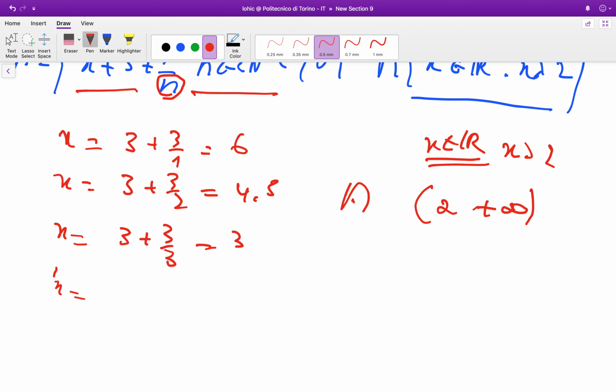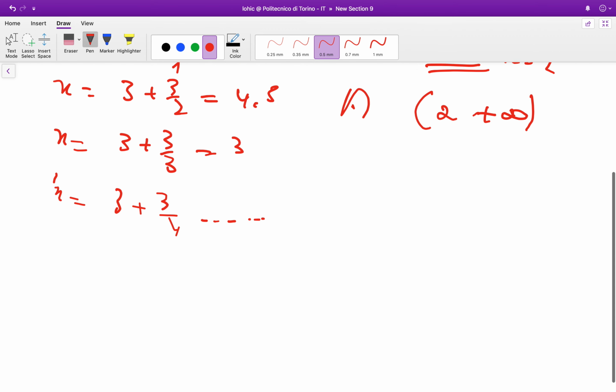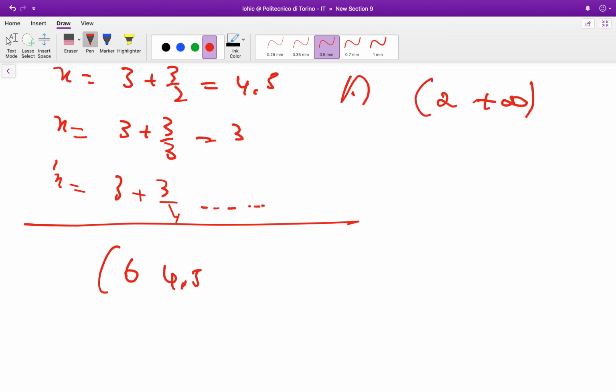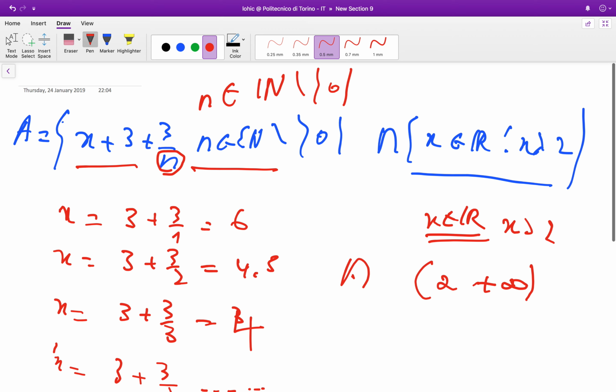Then x equal to 3 plus 3 over 4 gives some number, and you continue like this. What you can observe is that all these numbers start at 6, then 4.5, then 4, and they tend to 3.